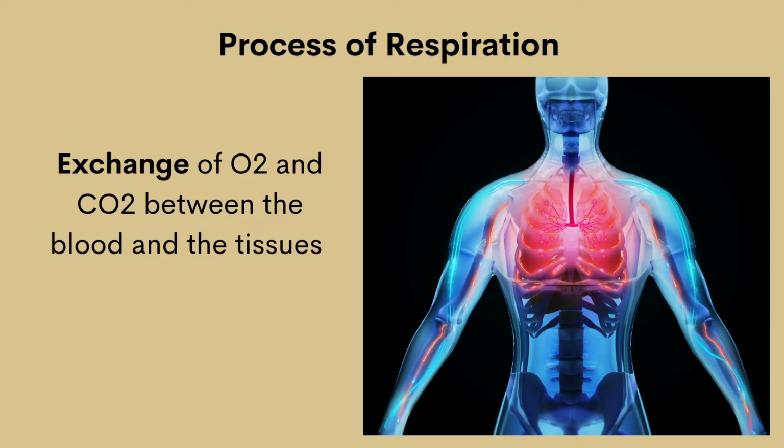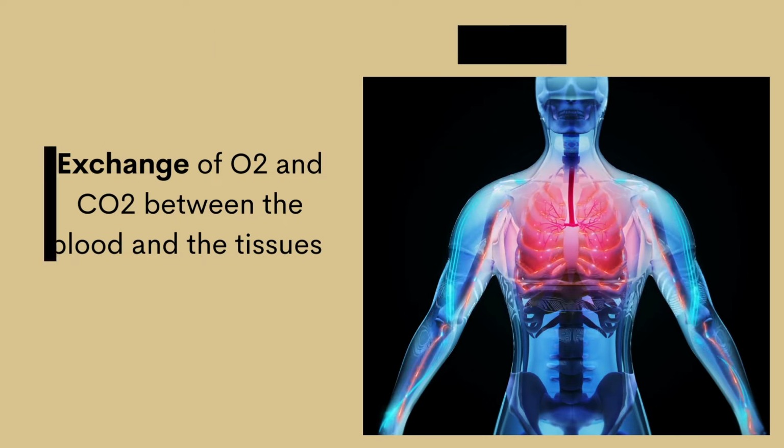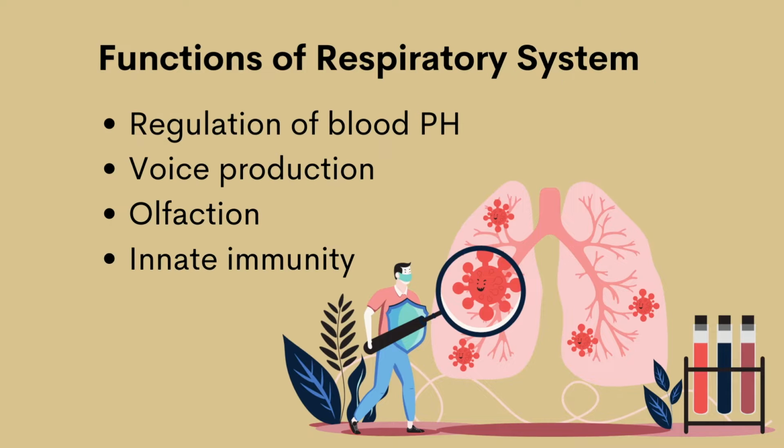And the last process is the exchange of oxygen and carbon dioxide between the blood and tissue. In this, the blood transports the oxygen to and from the tissue, and the exchange of gases between the blood and tissue is called internal respiration.